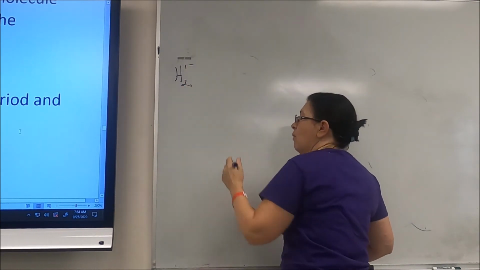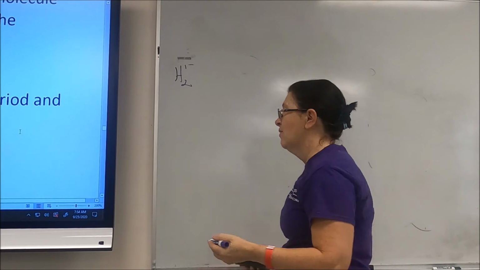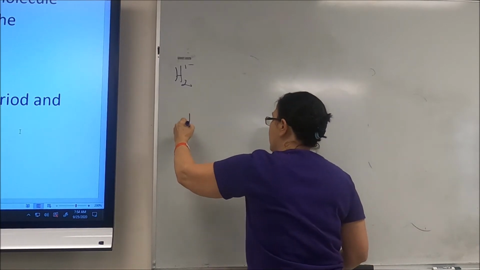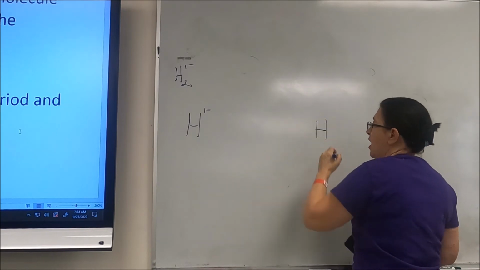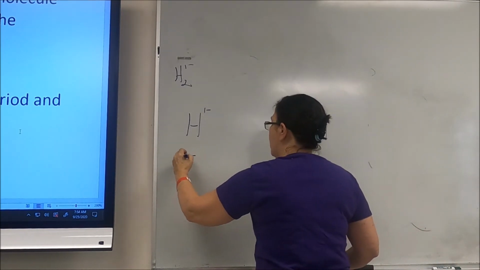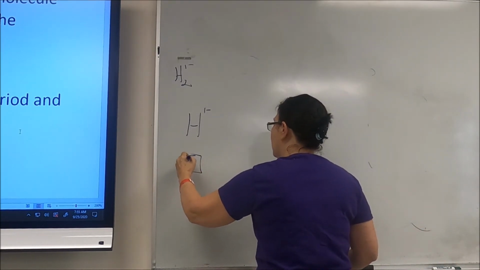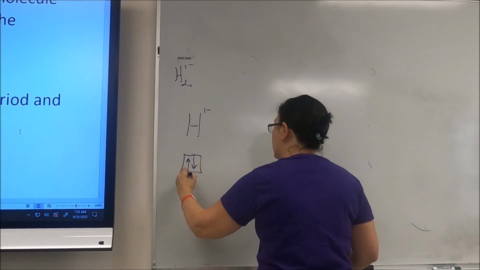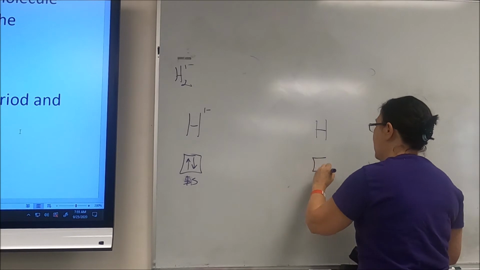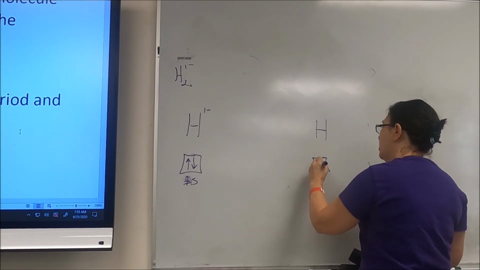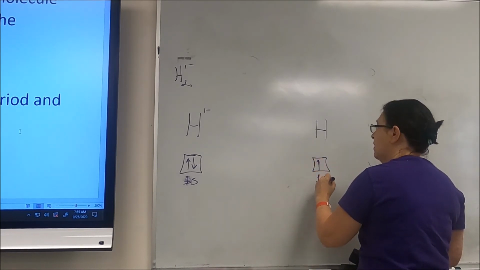Now, that means that one of the hydrogen atoms has been given an extra electron. So I'm going to have a hydrogen 1 minus and a hydrogen atom. The hydrogen 1 minus is going to have 2 electrons in the 1s. The regular hydrogen has 1 electron in the 1s.